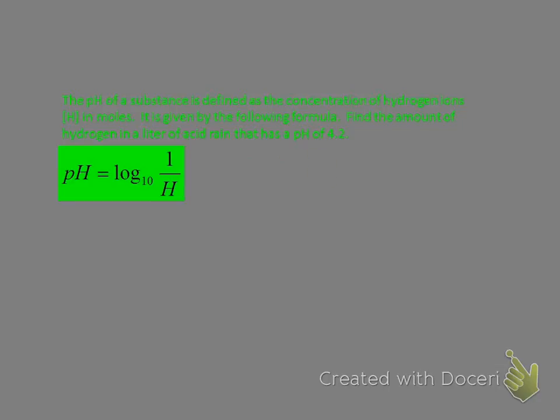So we want to find the amount of hydrogen, which is represented by H. And it tells us that the pH of the acid rain is 4.2. So we're going to go ahead and plug in 4.2 for pH, so 4.2 equals log base 10 of 1 over H. Okay, so from here we have to go the other way.